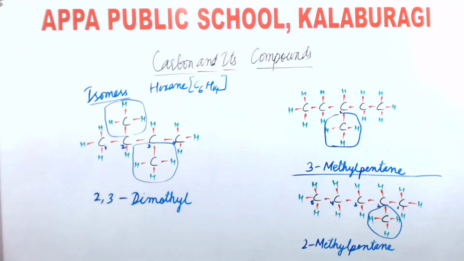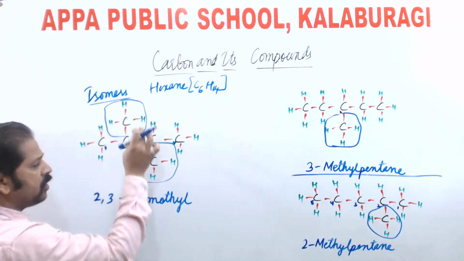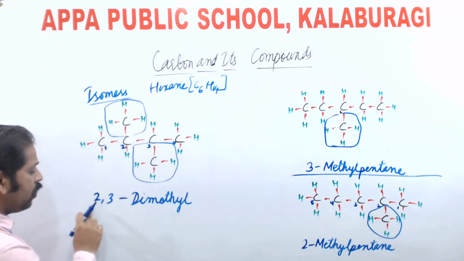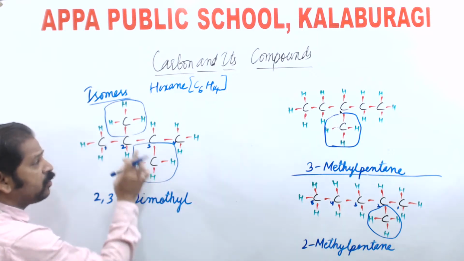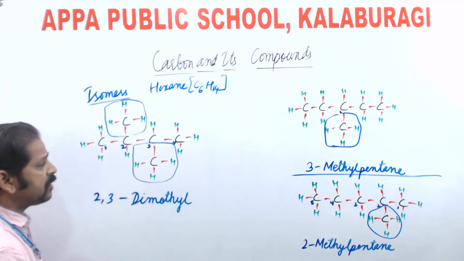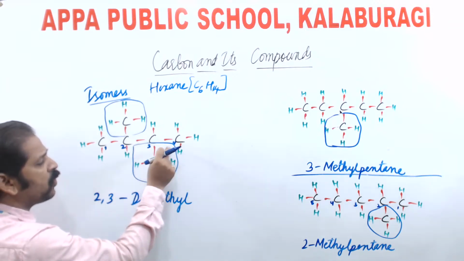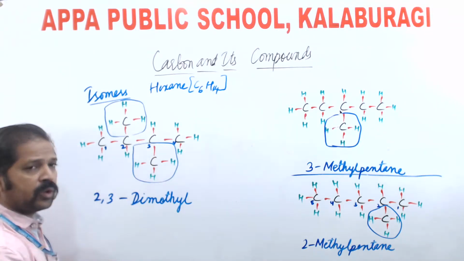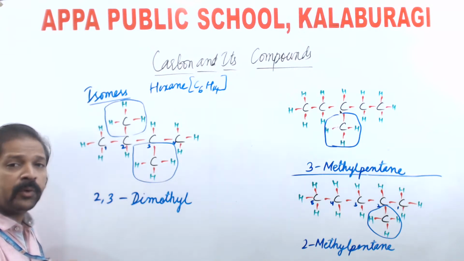In this group, at the second position we have one methyl group, and at the third position we have one methyl group. So we write 2 comma 3 dash, and we have two methyl, so it is called dimethyl. Parent chain, how many carbons are there? One, two, three, four. In the parent chain we have four carbons. A 4 carbon main chain is butane.